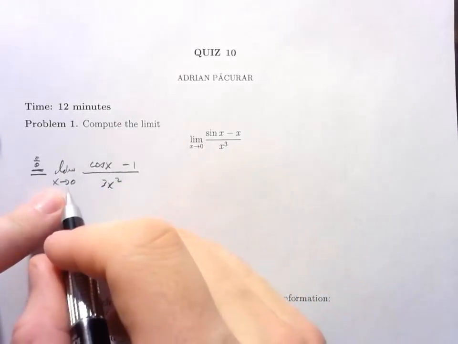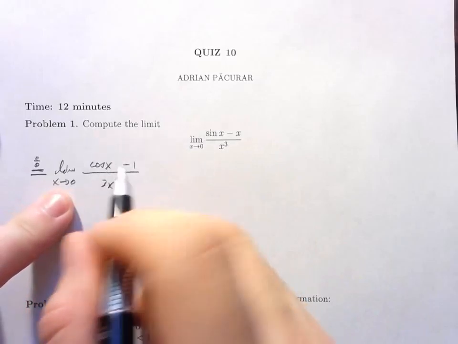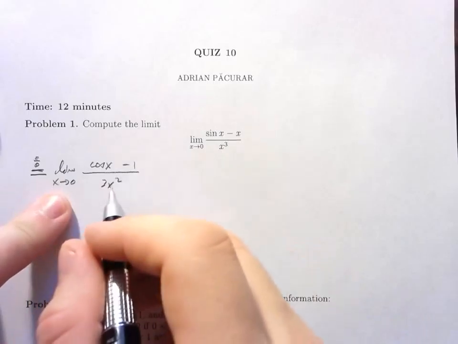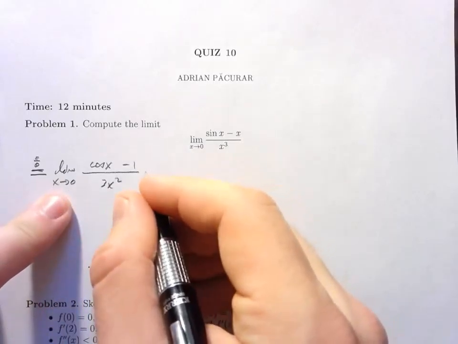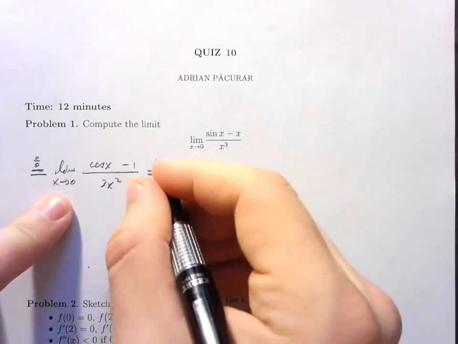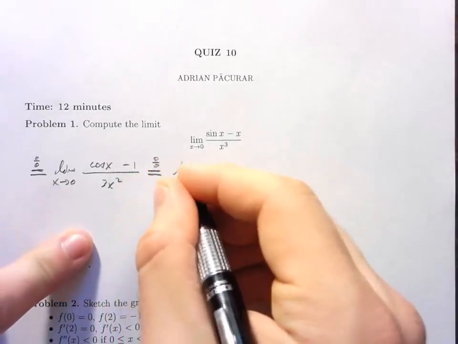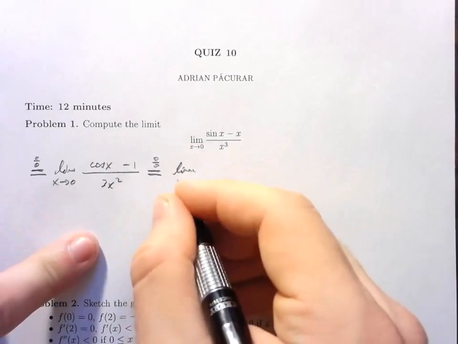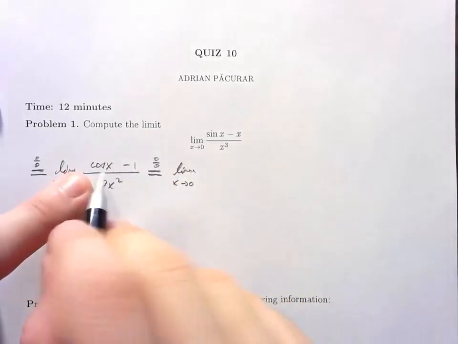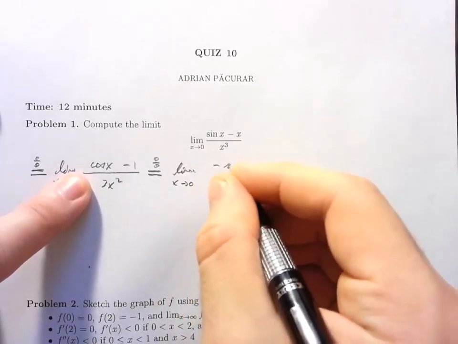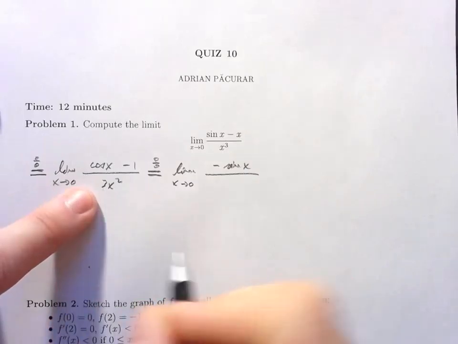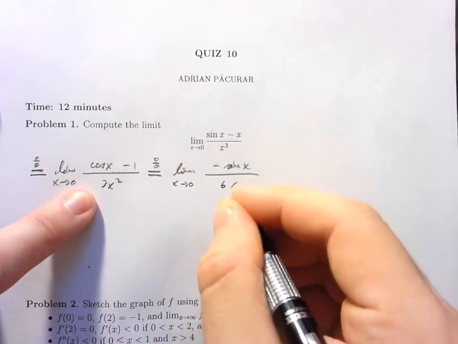And again, if we try to plug in 0 for x, on top I get 1 minus 1, which is 0, and on the bottom I get 0 again, so I have to do L'Hopital's one more time. So this is now the limit as x goes to 0 of the derivative of the top, which is just negative sine of x, divided by 6x, right?